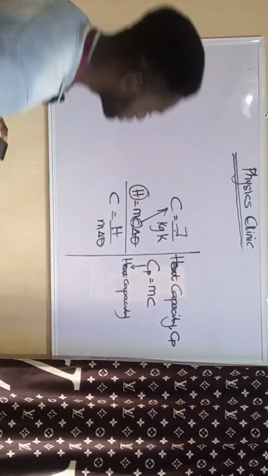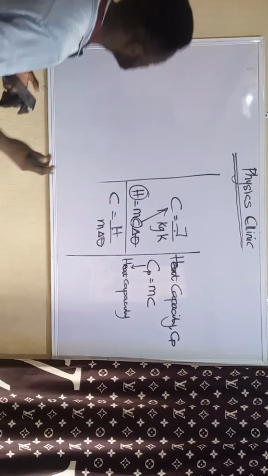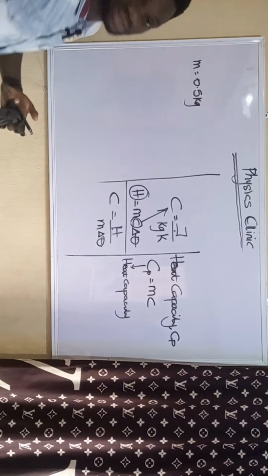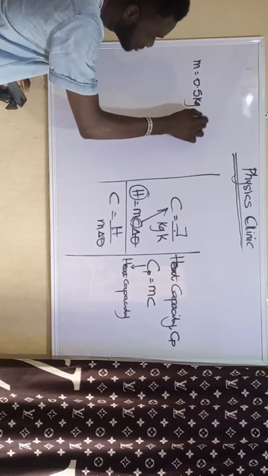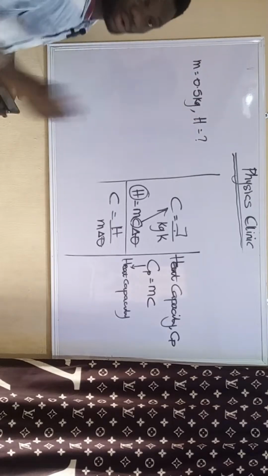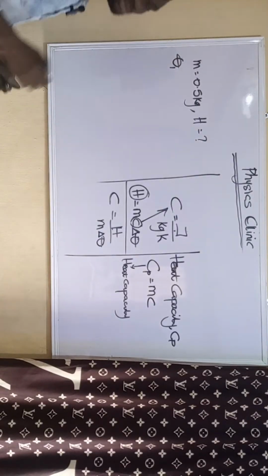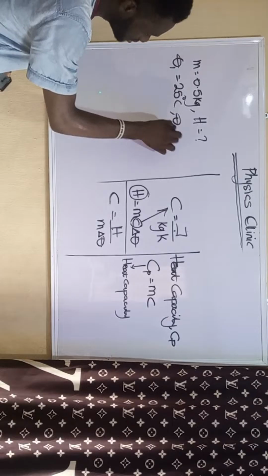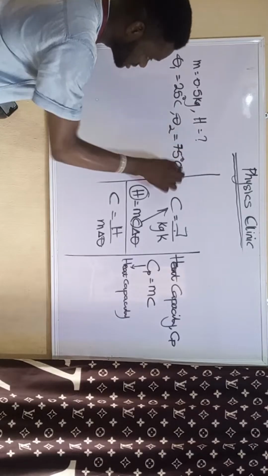All right, so let's quickly continue. We also saw some basic questions where we say a body of mass 0.5 kg receives an unknown amount of heat, let's call that unknown amount of heat H. This amount of heat causes the body's temperature to increase from an initial temperature theta 1 of 25 degrees Celsius to a final temperature of 75 degrees Celsius.